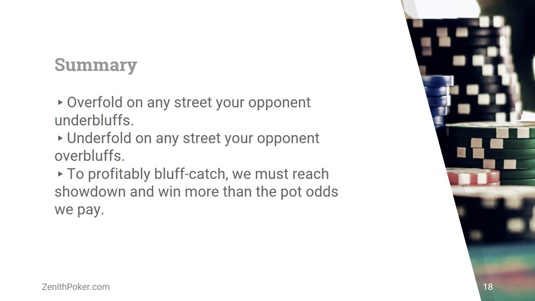Then you can write a single sentence about what your exploit is with the different kinds of hands in your range. It shouldn't be stuff like, with XYZ I'm going to check-raise the flop and then check-raise the river and then check-call the turn, because being too complicated means that you'll likely make a mistake somewhere in your reasoning.